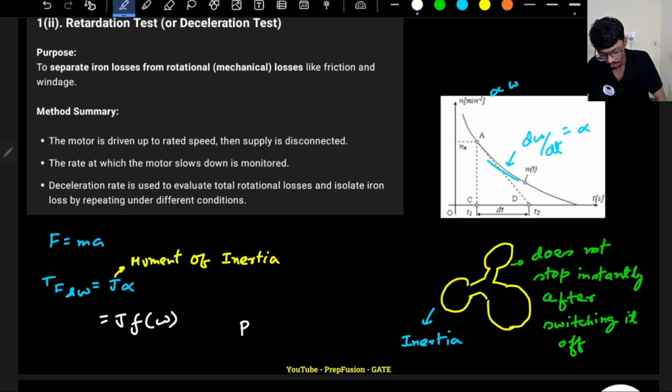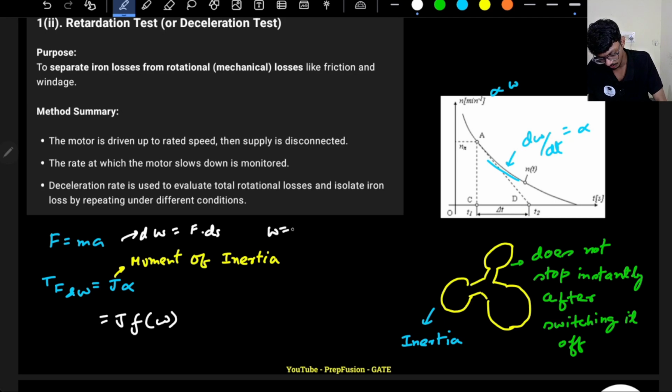So what will be the power? If you remember, the work done dU was F dot ds, right? For a small displacement.